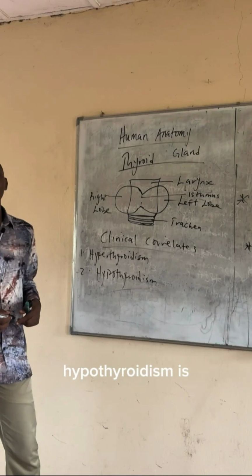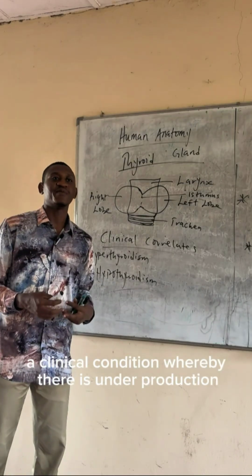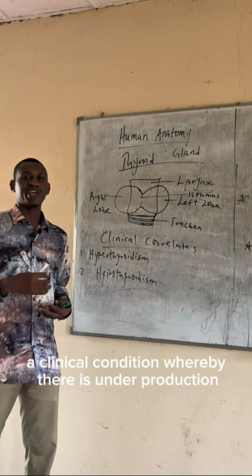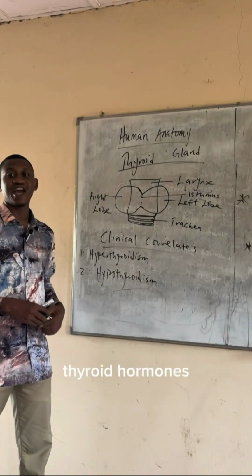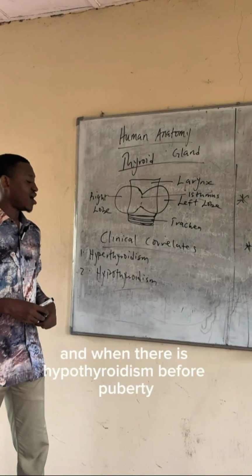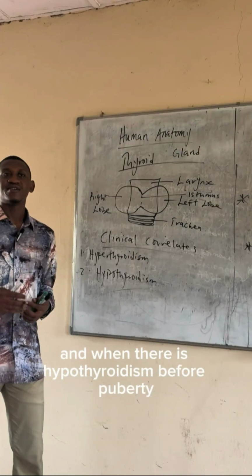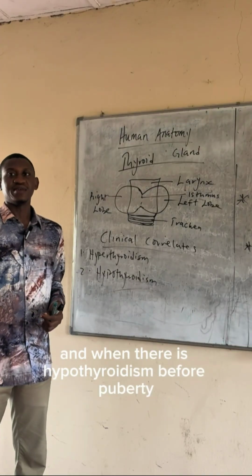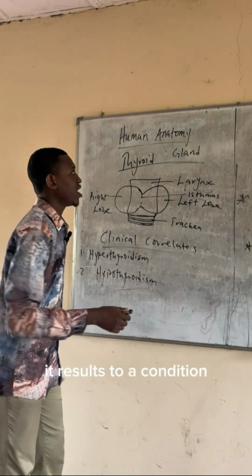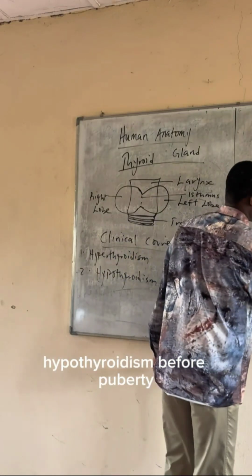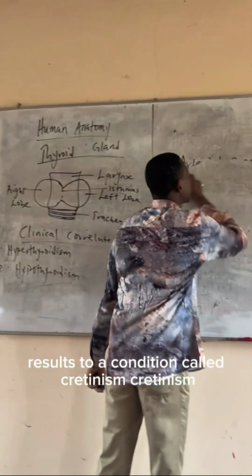Hypothyroidism is a clinical condition whereby there's underproduction of thyroid hormones. Hypothyroidism before puberty results in a condition called cretinism.